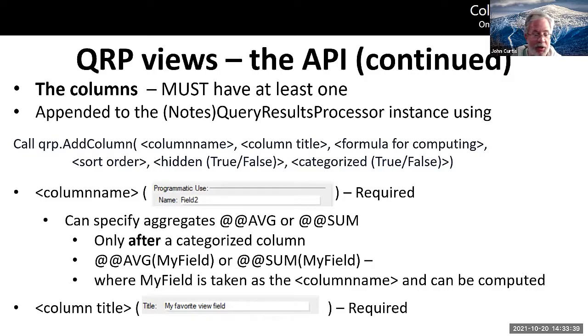Okay, that can be computed any way you want. You can override it with formulas, but that name is essentially the column name here. So you would specify in the place of the column name, the aggregate with the embedded field name. Okay, and I believe they are absolutely case insensitive.